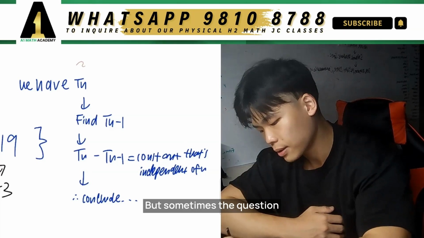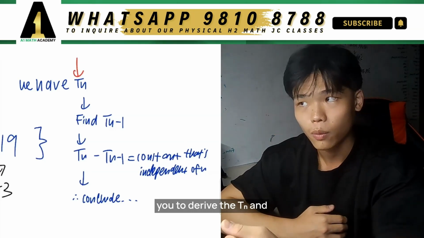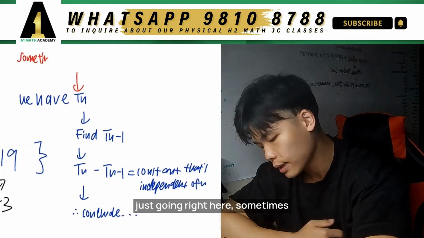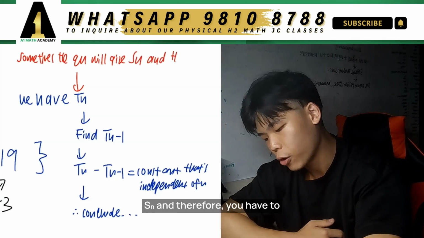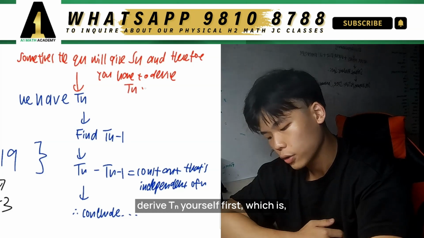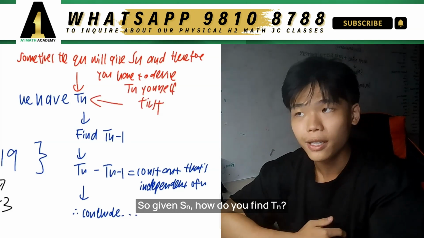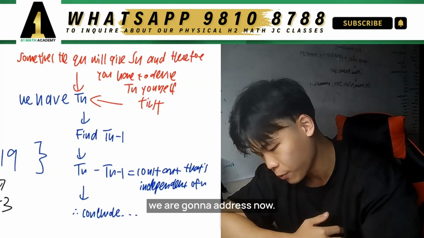But sometimes the question, before that, wants you to derive the Tn. And what would they give you? Sometimes the question will give Sn. And therefore, you have to derive Tn yourself first, which is how you get to this step. So given Sn, how do you find Tn? That's the question that we are going to address now.